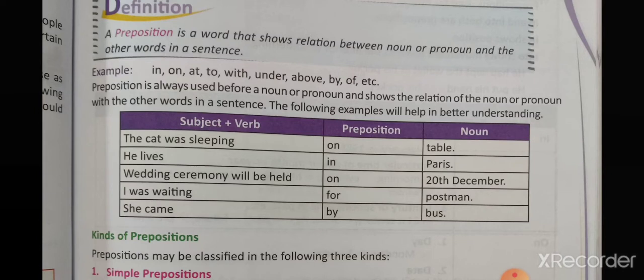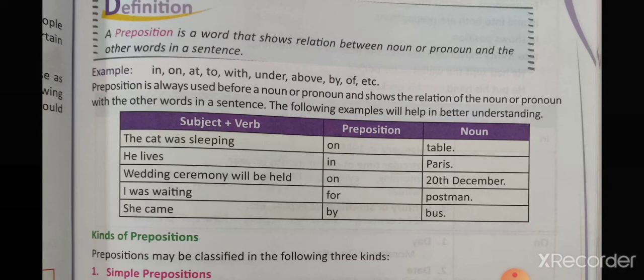A preposition is always used before a noun or a pronoun, and it shows the relationship of a noun or pronoun with other words in the sentence. We'll study more examples and then we'll understand.